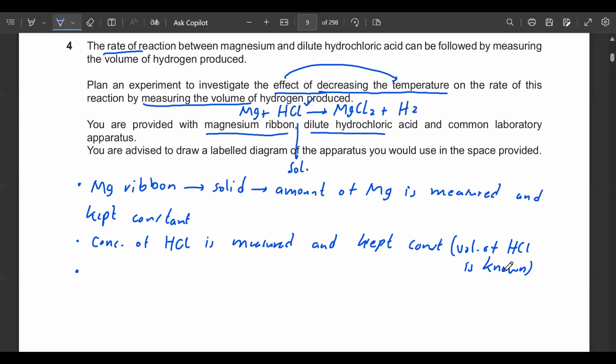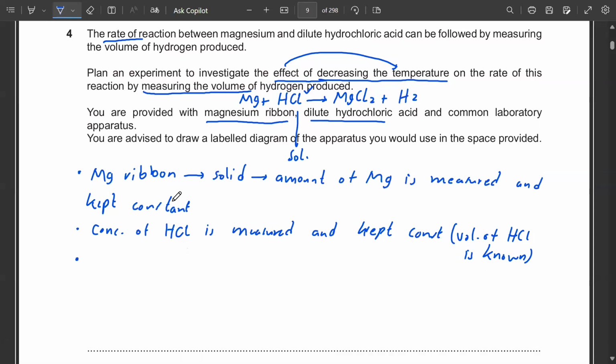And the weighed amount of the magnesium is used because these are what you are keeping constant. Now, since the hydrogen gas is to be collected and its volume should be used for this purpose, you are going to use a gas syringe.